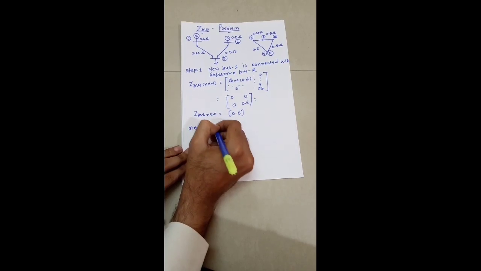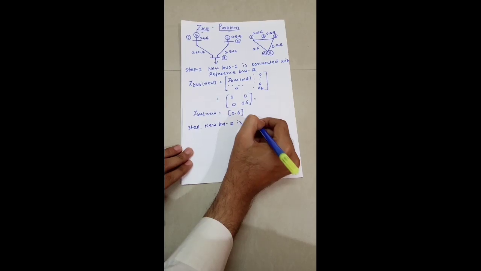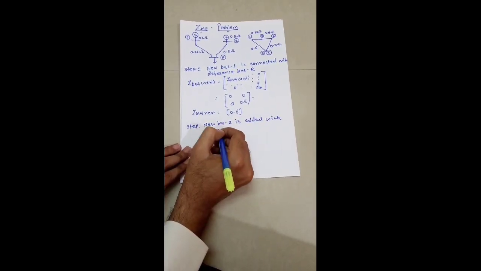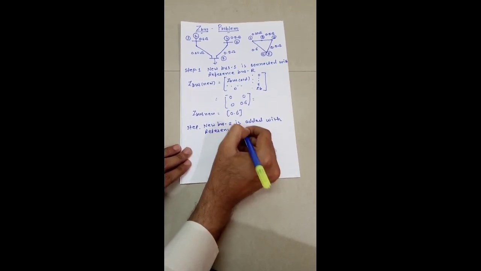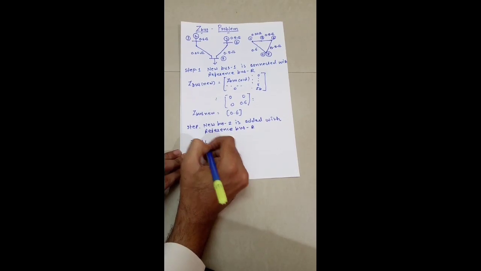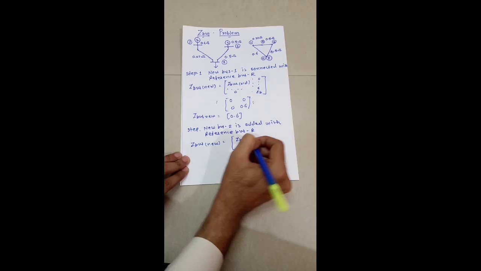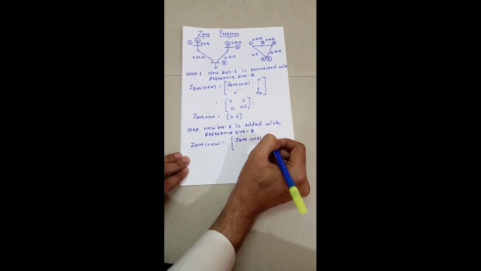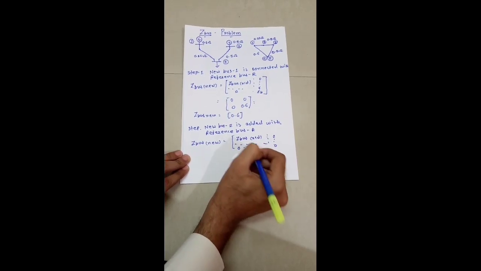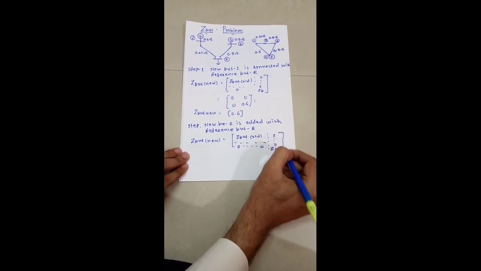Now similarly step 2, new bus 2 is added with reference bus R. Z bus new is equal to, similarly, [Z bus old, 0; 0, ZB].